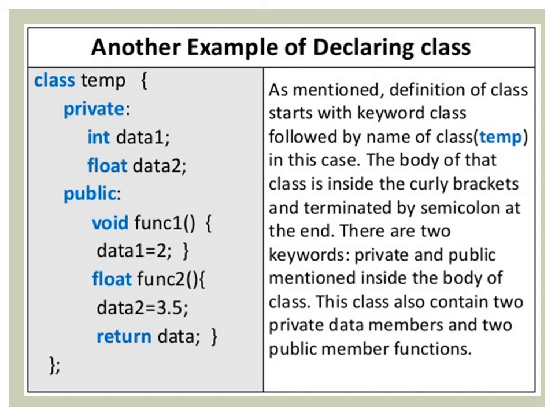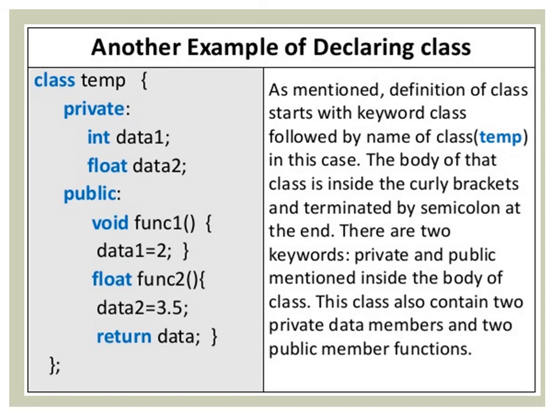As mentioned, the definition of a class starts with the keyword class. It is followed by the name of the class. So here the name of the class is temp. The body of that class is inside the curly brackets and terminated by a semicolon at the end. So the body starts with the opening curly bracket and ends with the closing curly bracket.